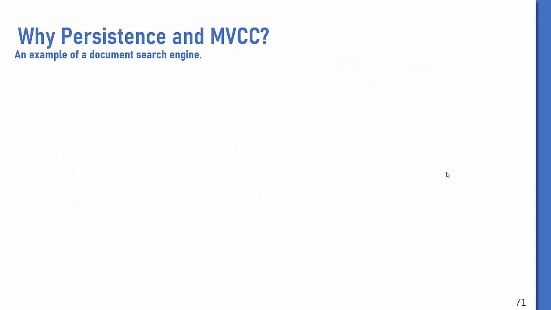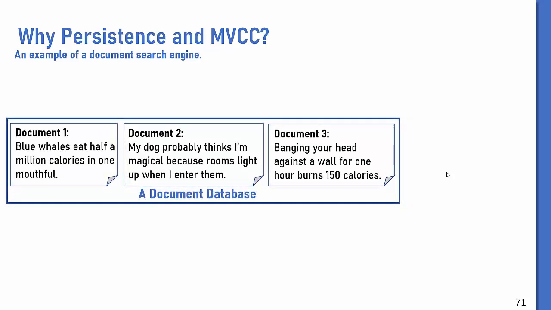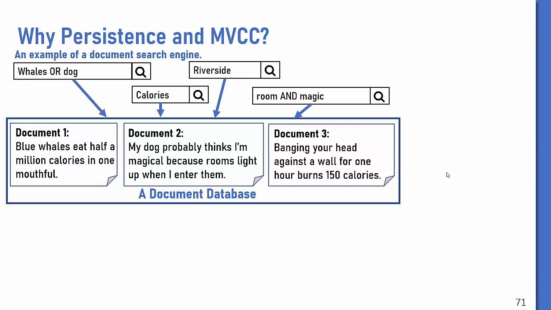Here I want to use an example to help to understand why correctness and efficiency are important in practice. This example is about a document search engine. It stores a bunch of documents, each containing a set of keywords. It answers queries like this: given some keywords, find all the relevant documents.